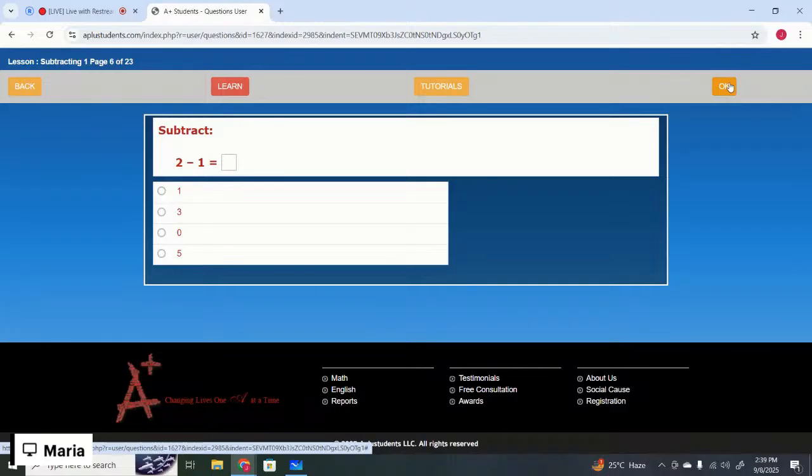Two take away one is one. Option number one is the correct option.